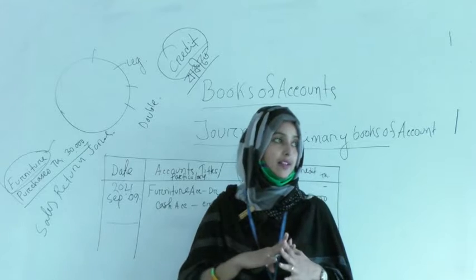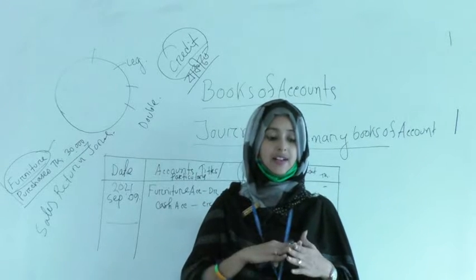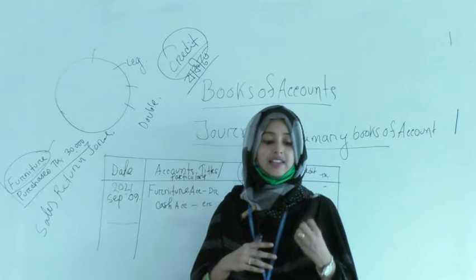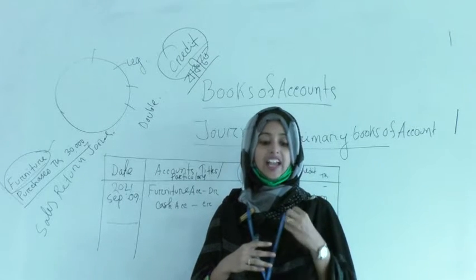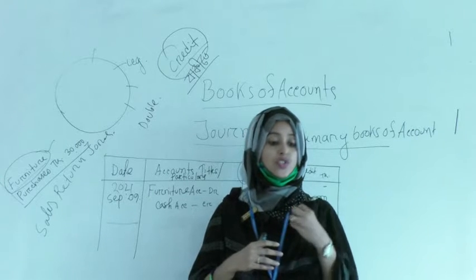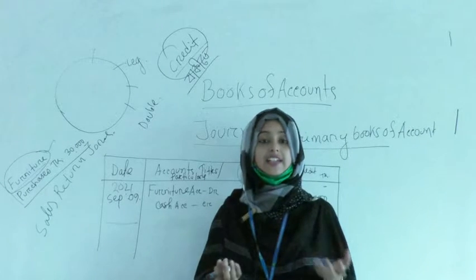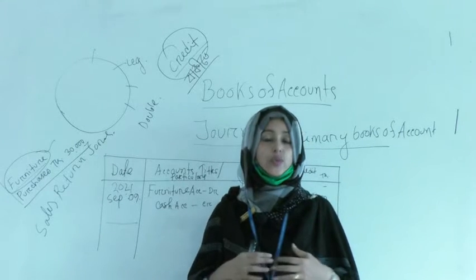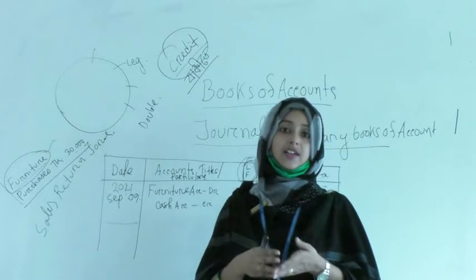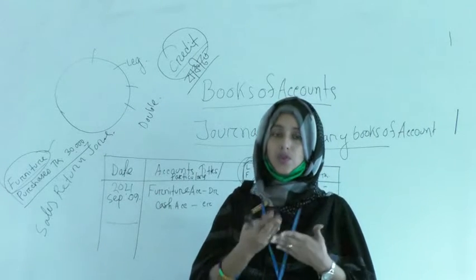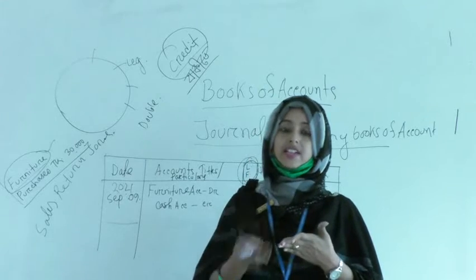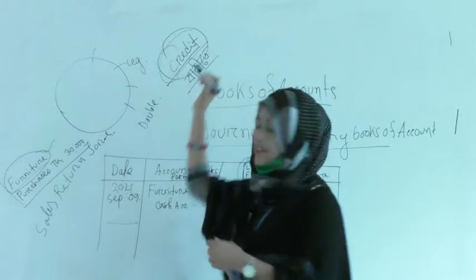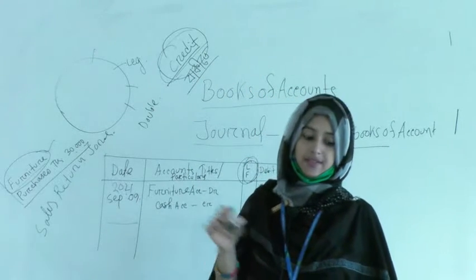Cash receipt journal. In this journal, the transactions that included cash receipts, including goods sold for cash, are recorded in the cash receipt journal. Okay? That means when we sell something for cash, not hit with credit or bakite, that is the cash receipt journal.